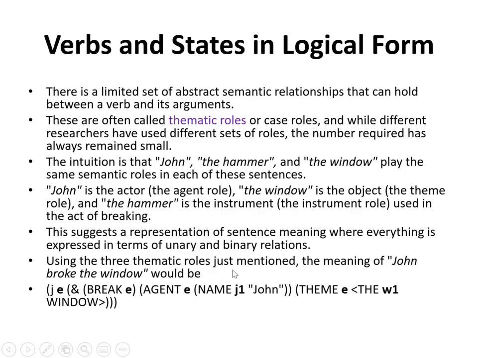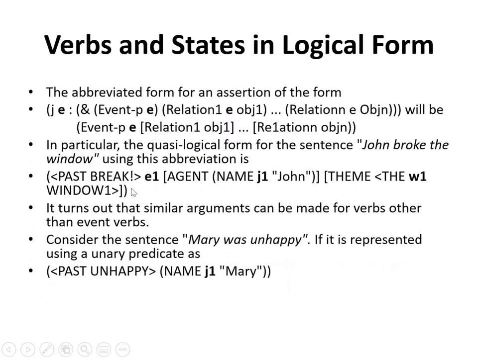Using the three semantic rules, the meaning of John broke the window would be: break E, agent E is John, theme is the window. And if you want to add the instrument, that is the hammer, you have to attach it to that particular logical form.